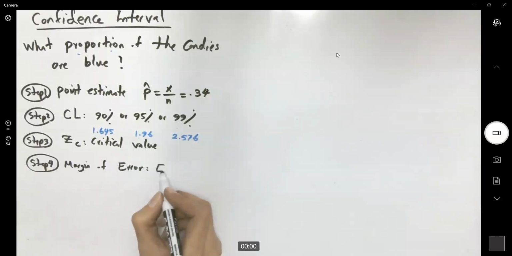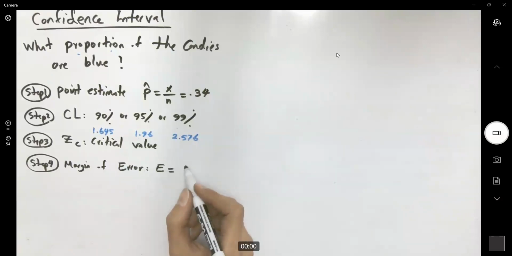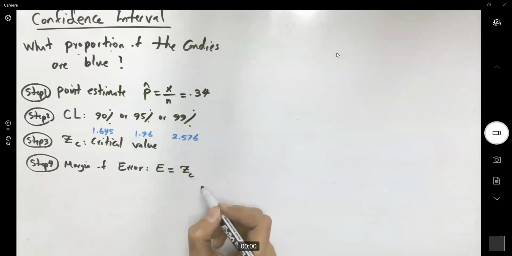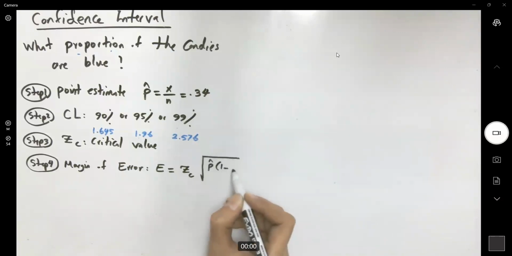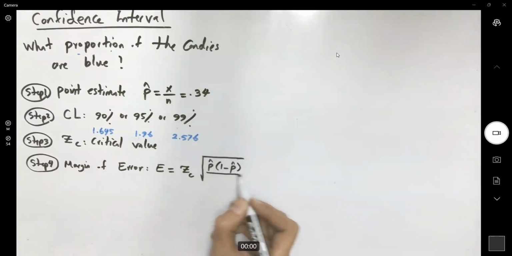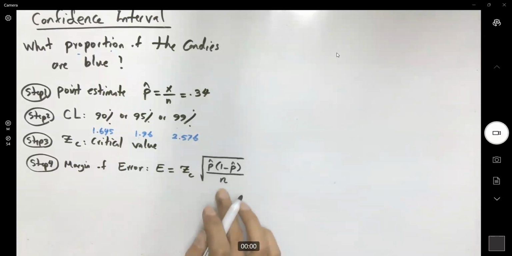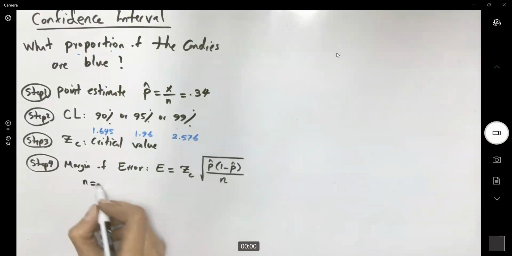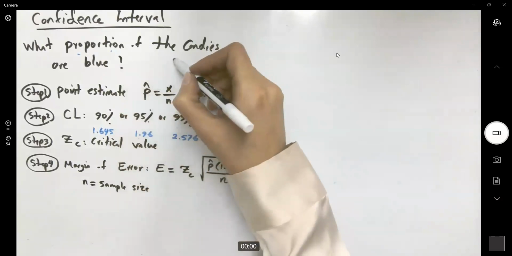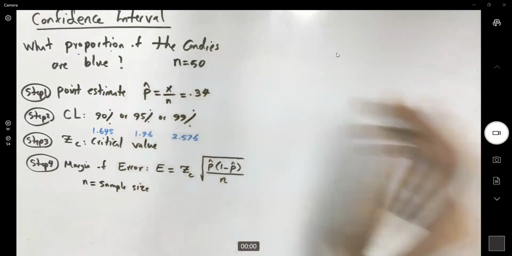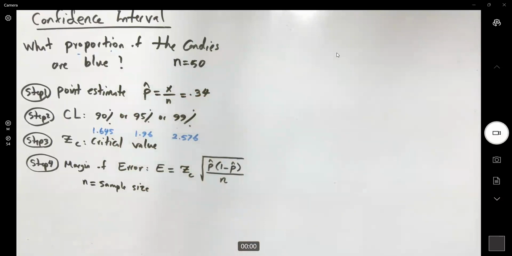The margin of error, E, is equal to ZC multiplied by the square root of P hat times 1 minus P hat, divided by N, and N is the sample size. Remember that in our example, the sample size was 50. I took 50 candies from that jar.